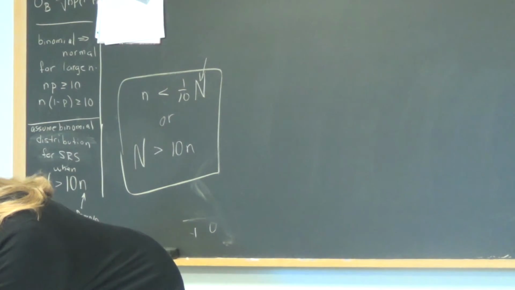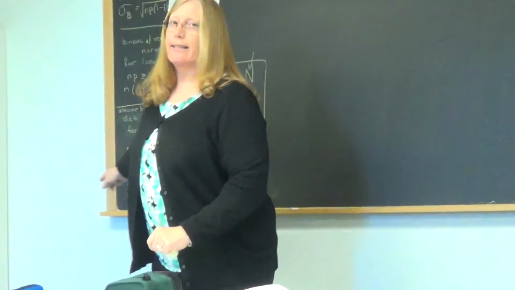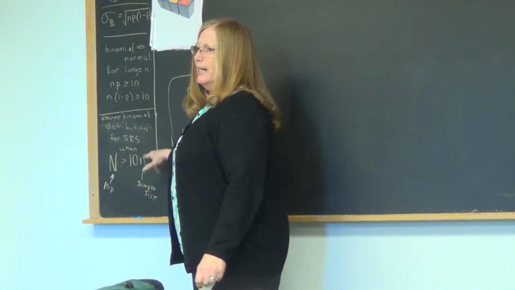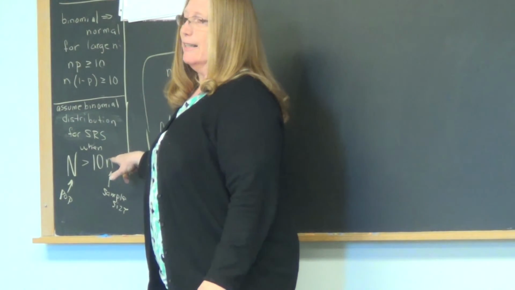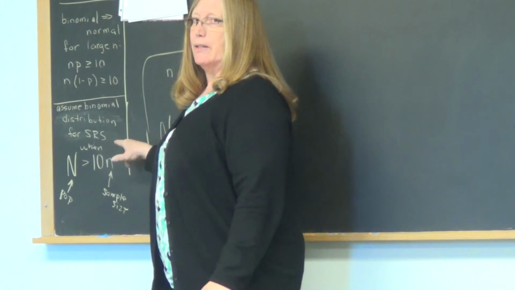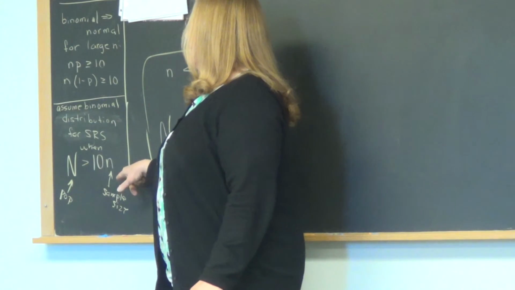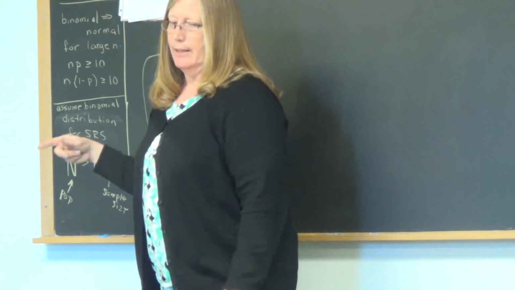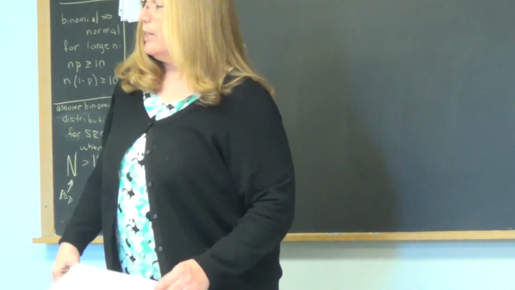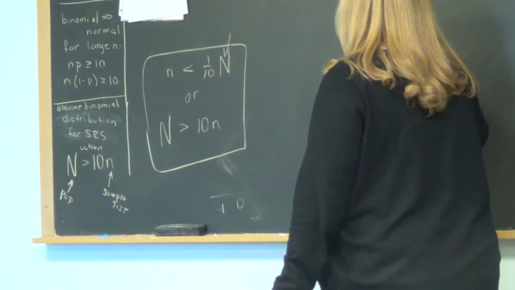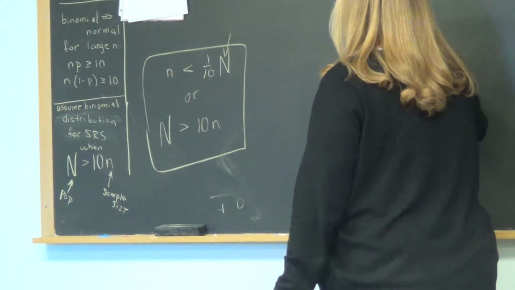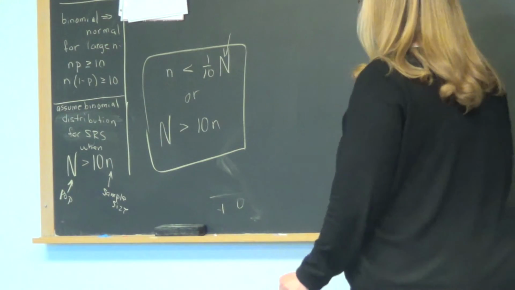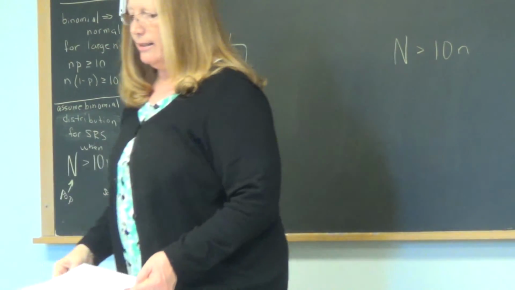All right, so first of all, I think it's only asking us to do this test. It's not really asking us to find any probabilities. It's just saying, can we assume that this SRS is a binomial? So we have to test if big N is greater than 10 times the little n.